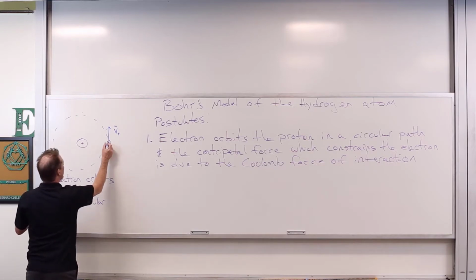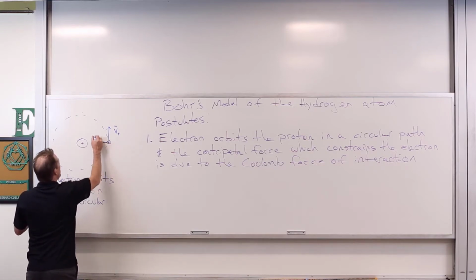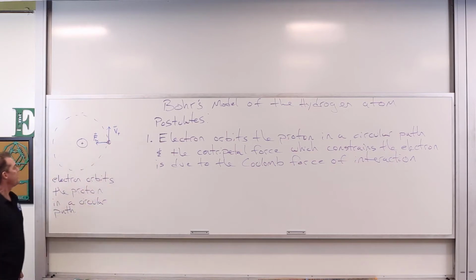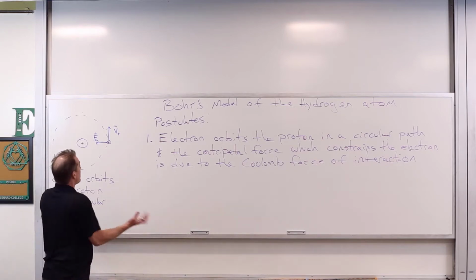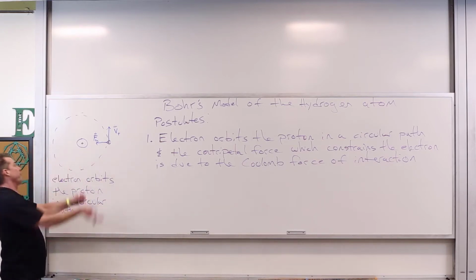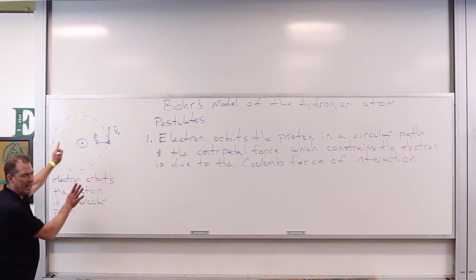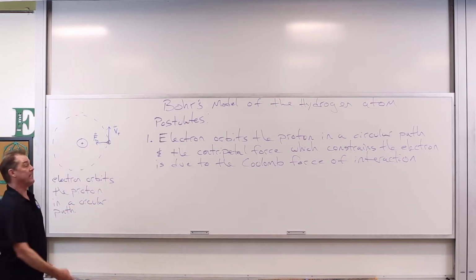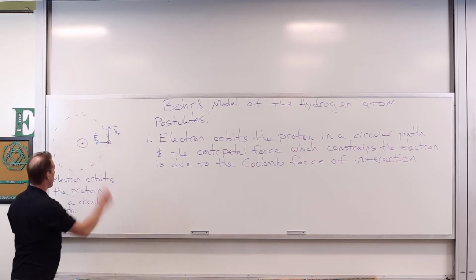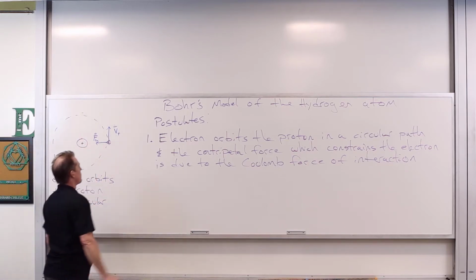And then what do we have to have? We have to have some centripetal force that's responsible for the centripetal acceleration. Centripetal acceleration is needed to continuously change the direction of the velocity vector. That's what the centripetal force is all about.